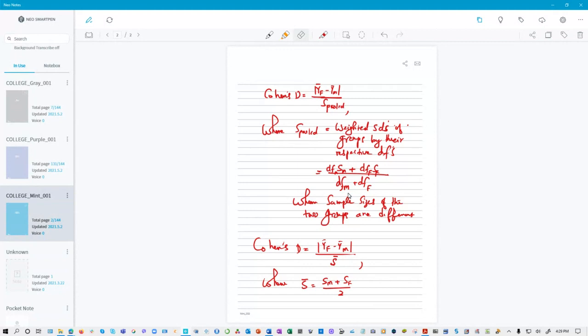It's not being weighted. When the sample sizes of the two groups are the same, then you can use this one.